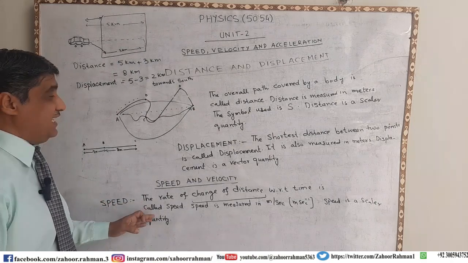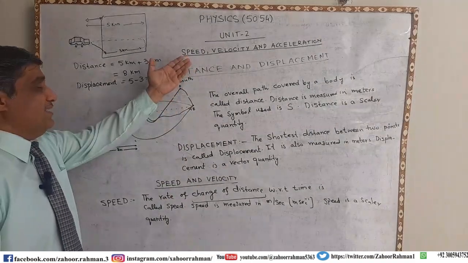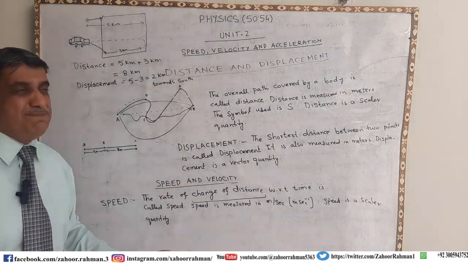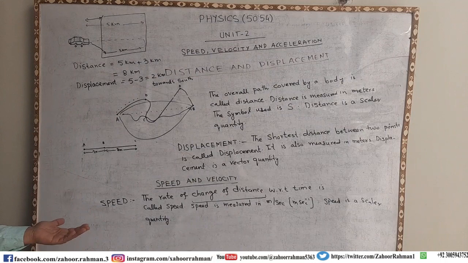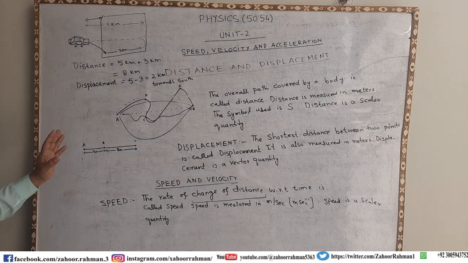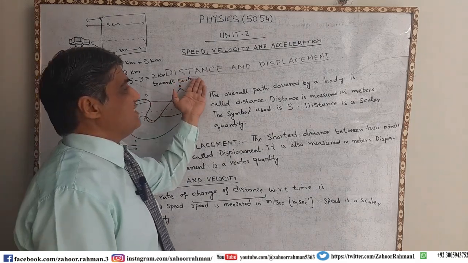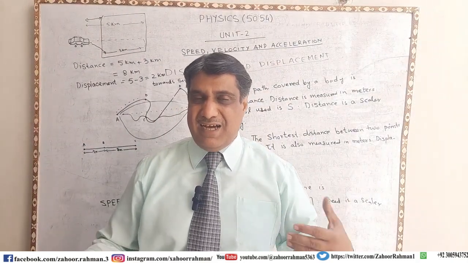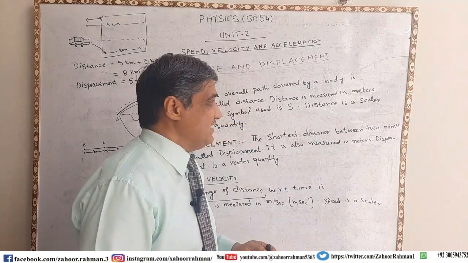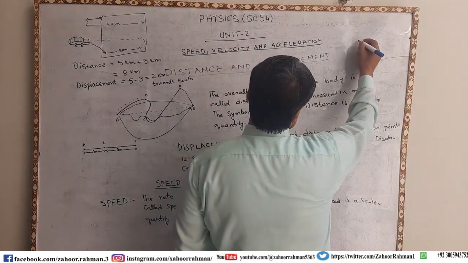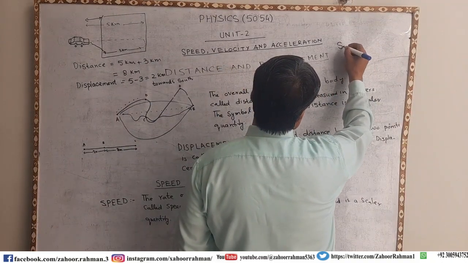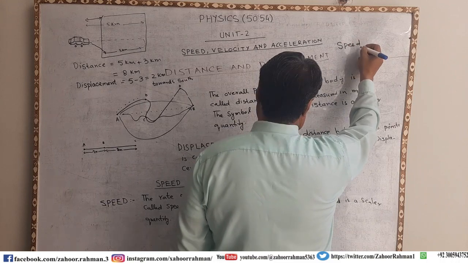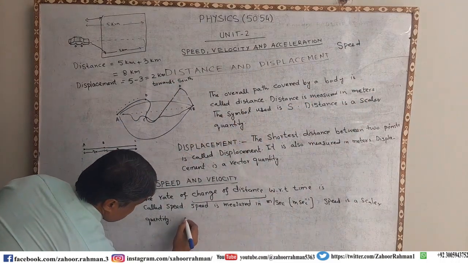When it comes to the rate of change of distance, then it is speed. When it comes to the rate of change of displacement, then it comes velocity. That is why I explained first the distance and then the displacement. If I am saying speed, I should write it here.